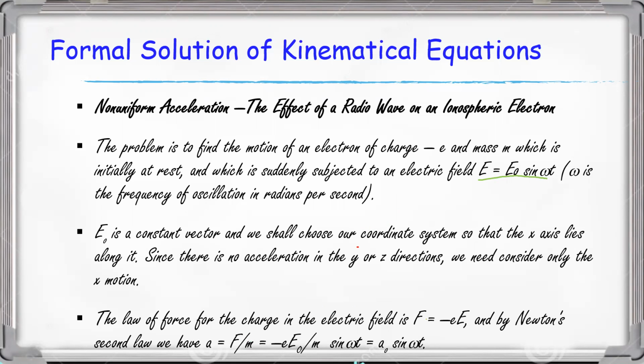We equate that expression with this F. Then we get acceleration a is equal to minus E0 divided by m sin omega t. We take it as a0 sin omega t. So the electric field is acting on the x axis, so there is no acceleration in y or z direction. Is it clear?